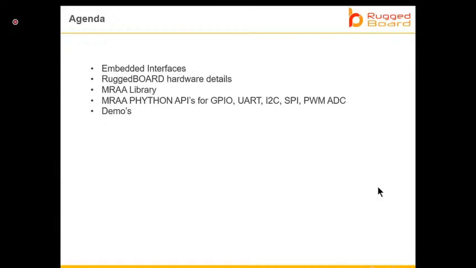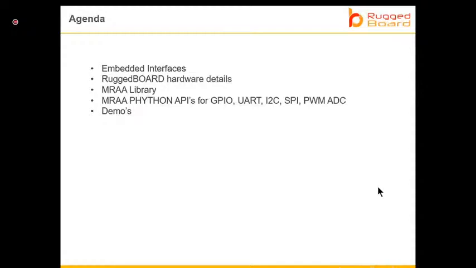So we will essentially try to understand what this MRAA library is and how it enables us to do embedded programming using Python. First, we will go a little into the architecture and what this MRAA library is, and next we will jump into the APIs provided by the MRAA library, so that you can do the programming on a Linux platform without having much knowledge of Linux.